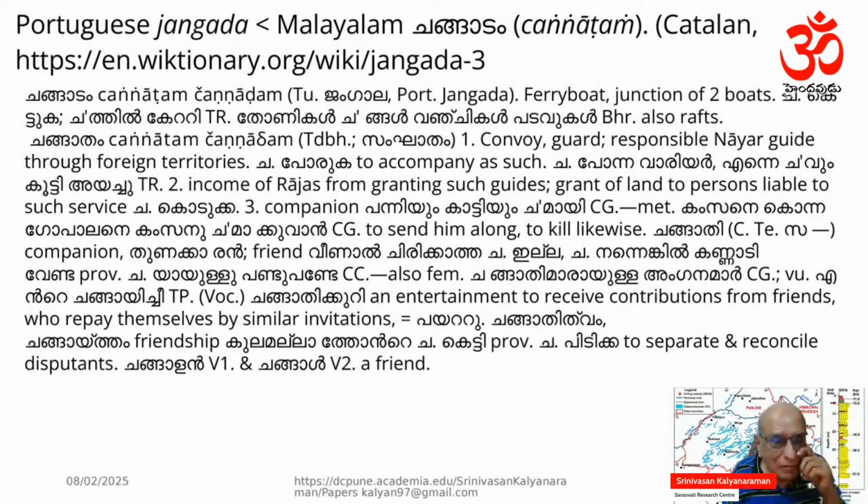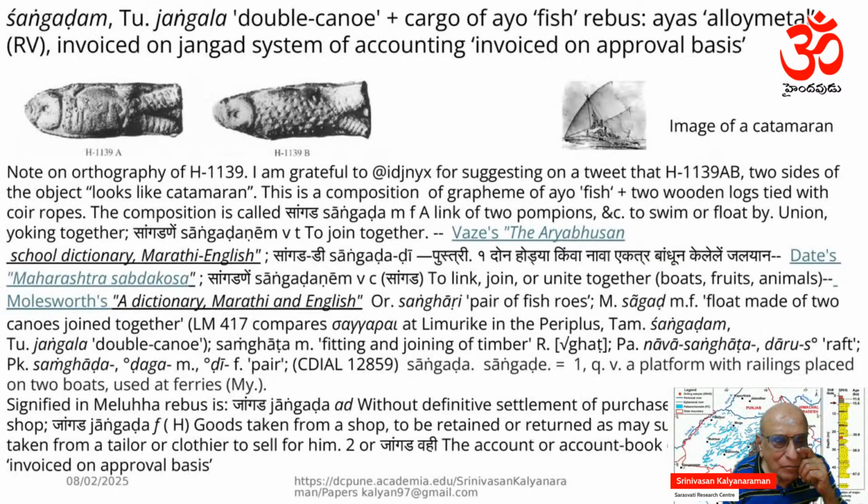Next, please. Again, going back to that beautiful symbol of a fish fused with a double canoe. However, we can clearly establish that the orthography of this H1139 is so emphatic that it signifies a double canoe, a catamaran.